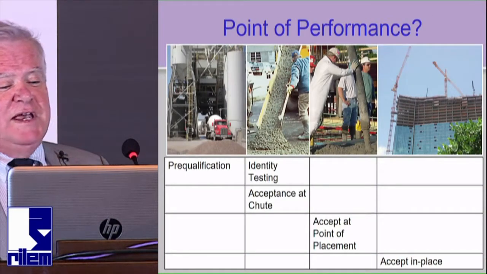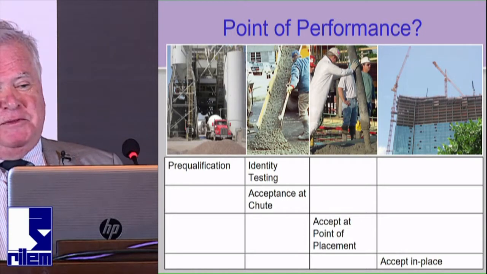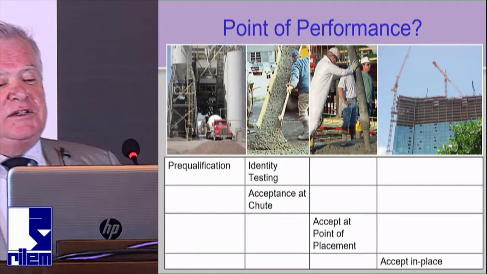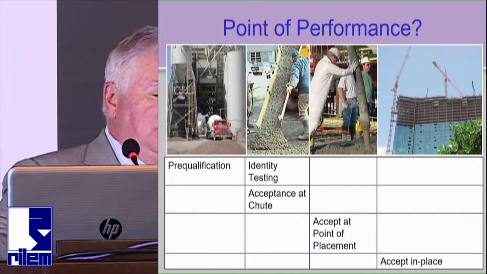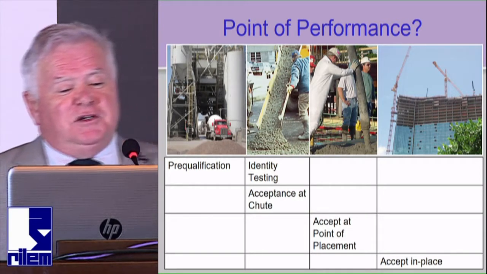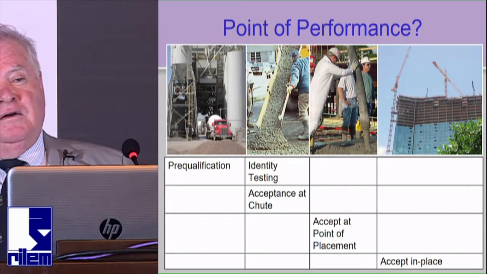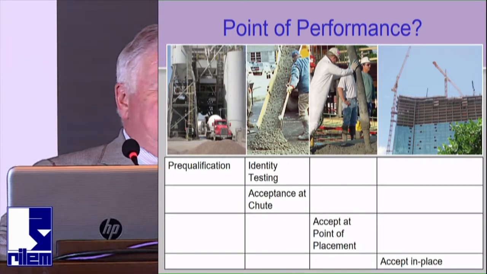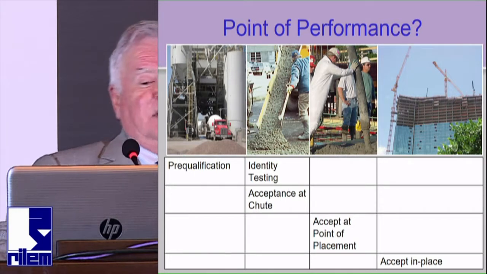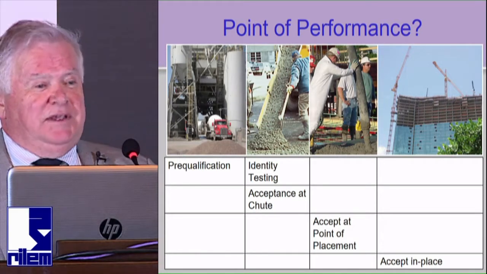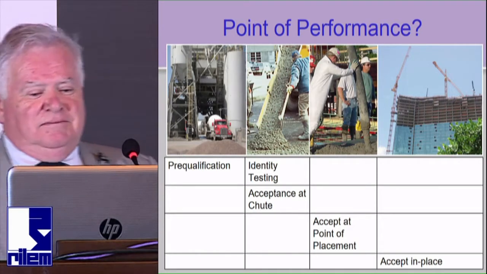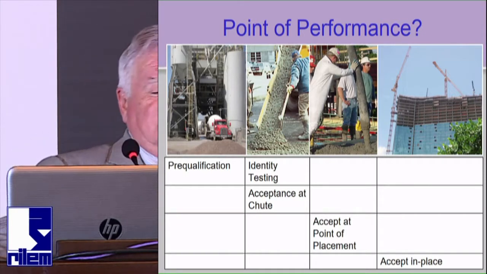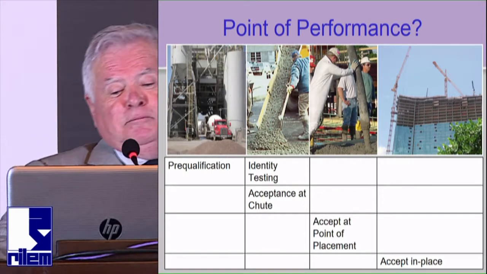Now, one of the things about testing is, when do you test in a performance specification? The supplier can test the concrete at pre-qualification testing. Commonly, the most common testing is done at the end of the chute as the truck delivers the concrete, assuming it's truck delivery. People take samples, they measure the slump, they measure maybe air content or some other properties.